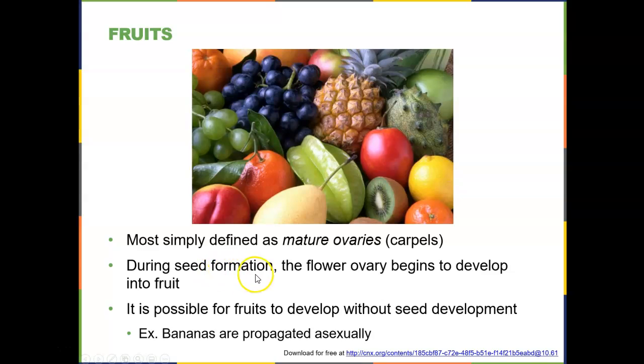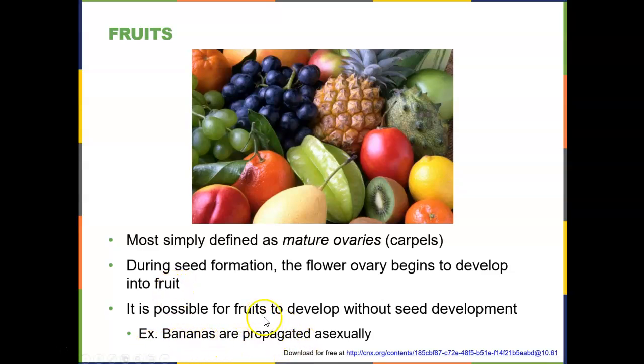During seed formation, that ovary starts to develop into a fruit. The other sporophyte tissues around the ovules, because the ovules become the seeds, are also diploid. All the tissues around what was the ovule started out being diploid.